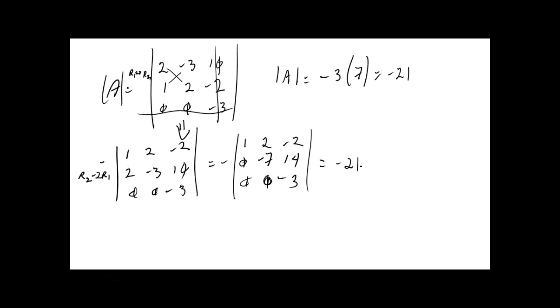Operations performed on columns rather than rows of a matrix are called elementary column operations. And two matrices are column equivalent, not row equivalent, but column equivalent, when one can be obtained by the other elementary column operations.